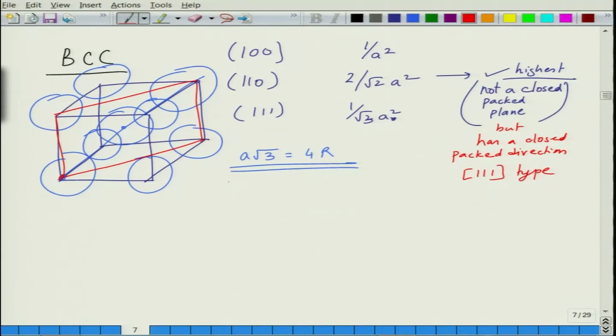So, basically 110 plane will have 111 type of direction. So, of course, the dot product has to be 0. So, essentially it could be bar 111 type of direction. So, there could be multiple combinations. So, this will make a slip system in BCC. So, 110 plane is the highest density plane. So, 110 is the slip plane.